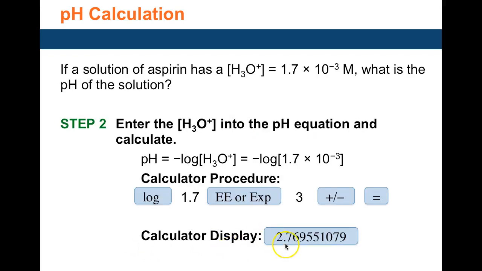And it is. If you plug that in, it comes out to be a long number, but you remember the rules of sig figs. In the H3O+ you had 2 sig figs in the coefficient, therefore you will record your pH to 2 sig figs after the decimal point, so you'll record it as 2.77.